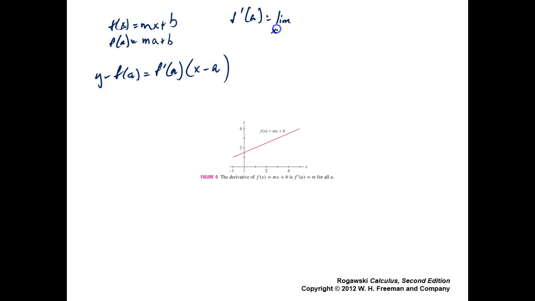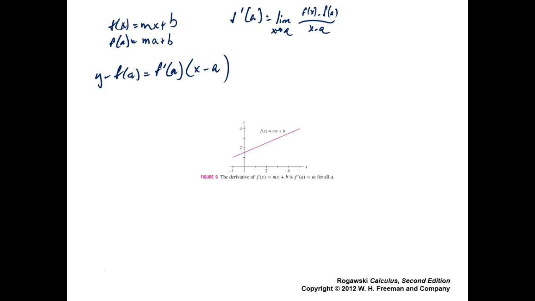The limit as x approaches a of, y'all gave it to me just a few minutes ago, rise over run, right? f of x minus f of a over x minus a. Yeah, y'all gave that to me before.